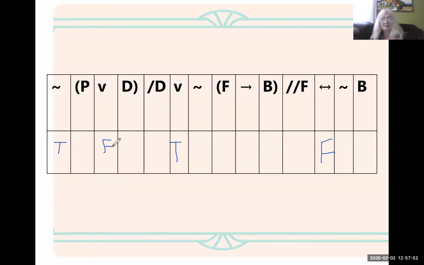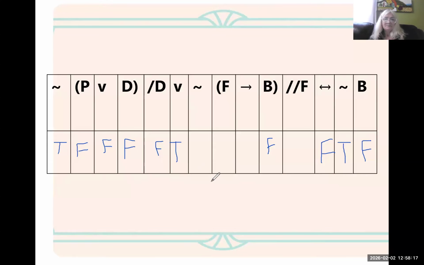And there's only one possibility, therefore, for our P and our D, and that is false and false. So I'm going to fill in D here and B here. Again, we got to have false. I'm going to put B here, false. And that makes negation be true.